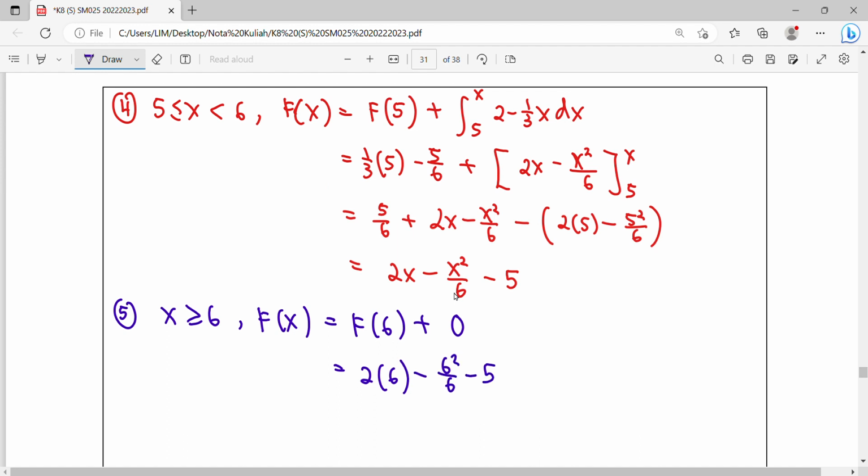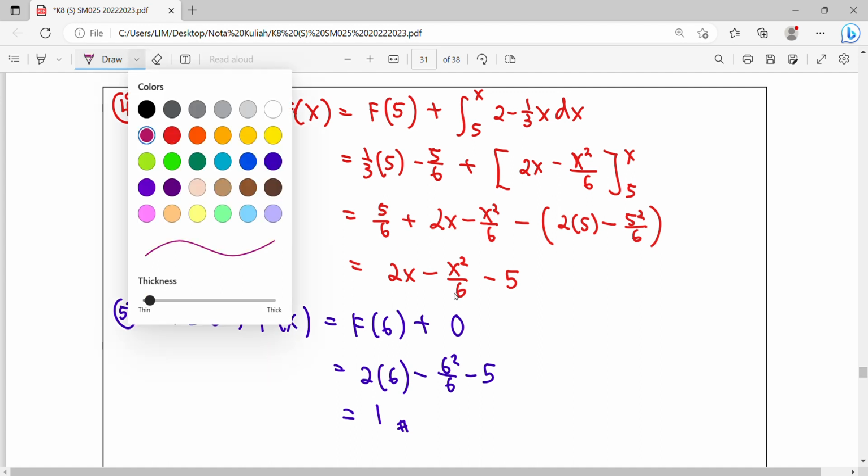Are you getting 1? Yes, getting 1. So, safe. It means all these 5 steps are correct. Then, when we finish this, lastly, write out our answer.